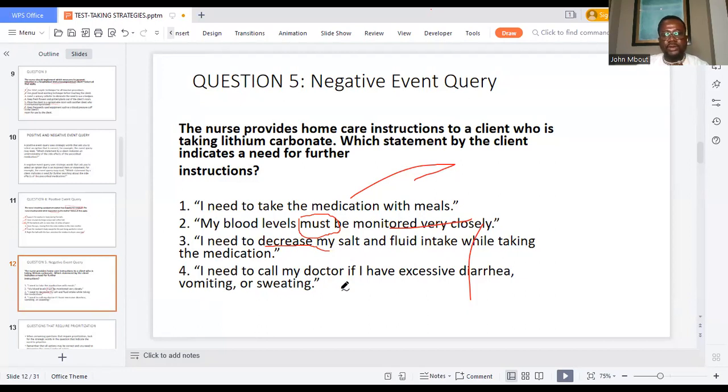I need to call my doctor if I have excessive diarrhea, vomiting. Yes, these are signs and symptoms of lithium toxicity. You can take this medication with meals. It's right, it's fine. You will need to call the doctor if you experience this.